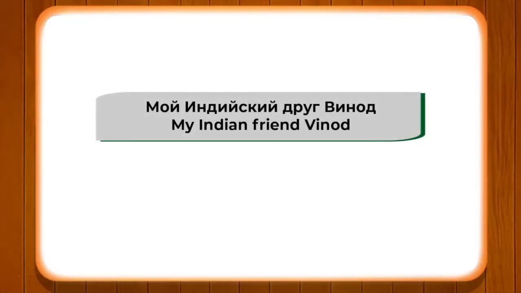So the title of the text is Мой индийский друг Vinod, which means my Indian friend Vinod. We would like to recommend you to pay attention to the highlighted words so that you can understand the usage of expressions of the dative case in a clear manner. I will read the text first in Russian, then we will discuss it with the help of English.